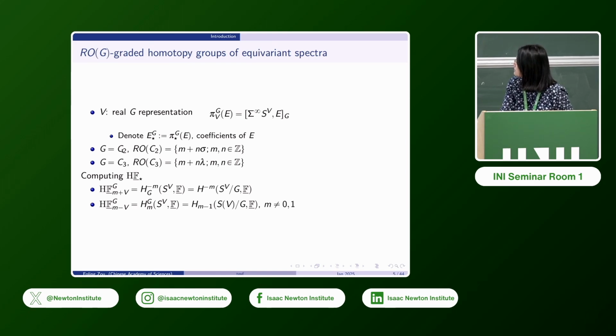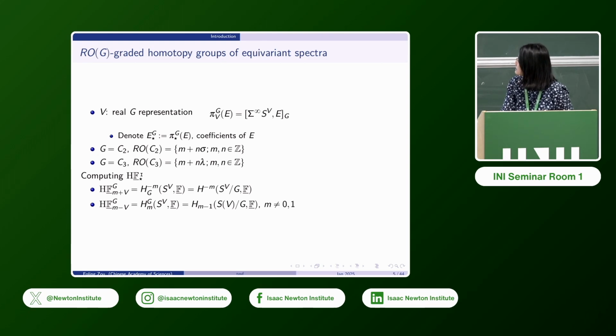If G is C2, we have two representations. One is the trivial representation, and the other is the sign representation. And they span RO(C2). And when G is C3, there is the trivial representation, and there is a two-dimensional rotation representation, which we'll denote by lambda, and they span RO(C3).